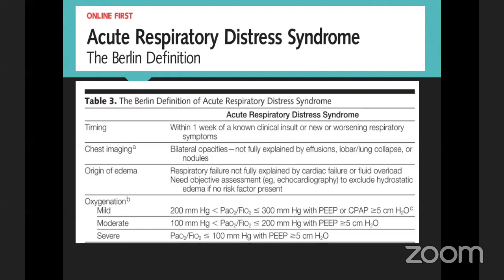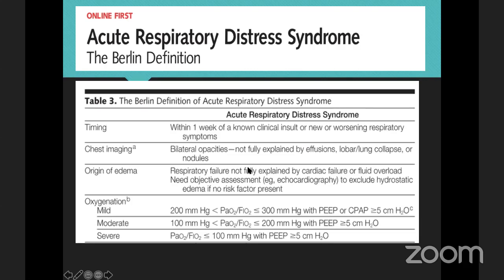Then later the Berlin definition came regarding acute respiratory distress syndrome. This is discussing the time, it should be 1 week or less. There are new bilateral opacities. And also the origin of the edema should not be cardiogenic or volume overload.